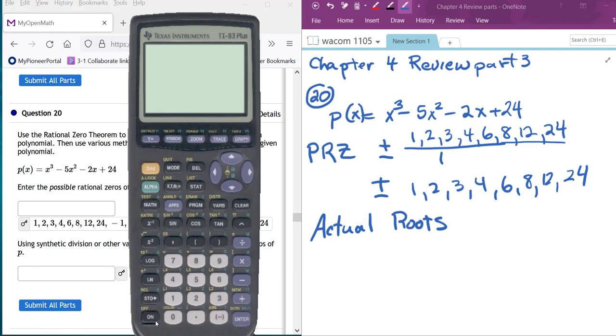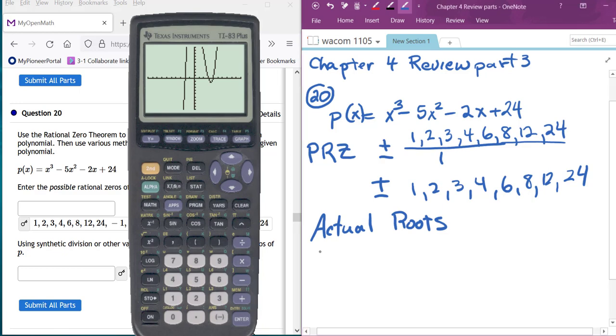So I have actually already typed this in if it kept it after it turned off. So there we go. So put it in your graphing calculator under y equals, graph. And so we have some guesses here. X equals -2. And this looks like 3 and 4. We should double check though.